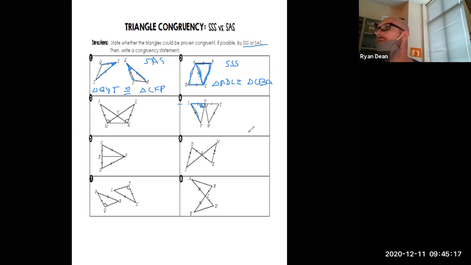Remember, for it to be side, angle, side, the angle has to be included. So it has to touch the 2 sides together. So in this one, you would say that you cannot prove this specific triangle because it doesn't satisfy side, side, side, or side, angle, side.